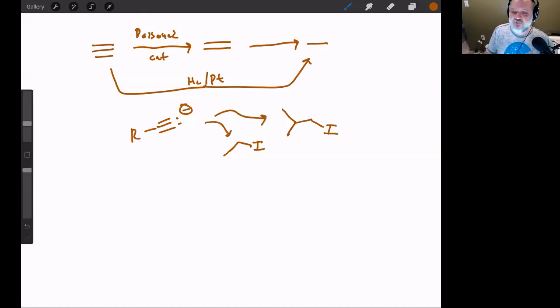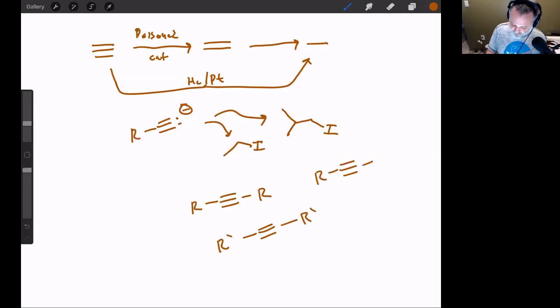It'll attack them all at the same time. So you'll end up with a mixture of products. You'll end up with this one, this one, and then your desired product.